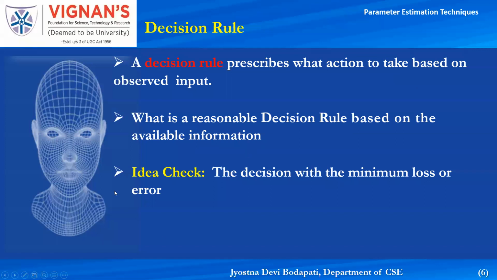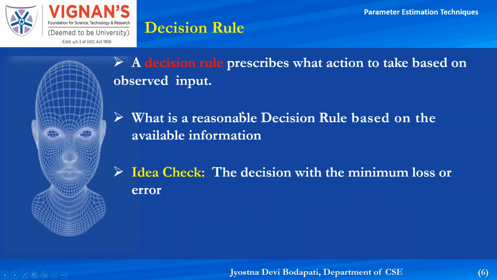Here in the fish example, on capturing the fish, your decision is classifying whether the fish is a salmon or sea bass. In the case of the tumor, given the MR sample of the person, your decision is to decide whether the person has a tumor or not, cancerous or non-cancerous. So that's what the decision is.